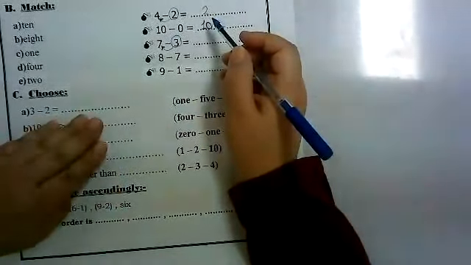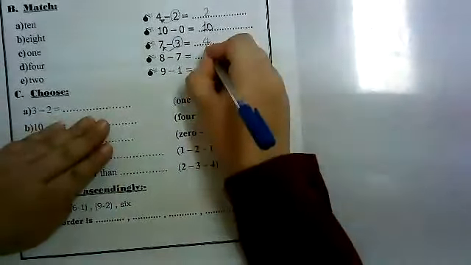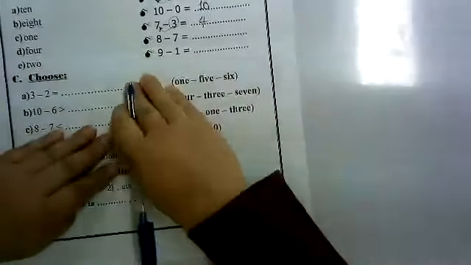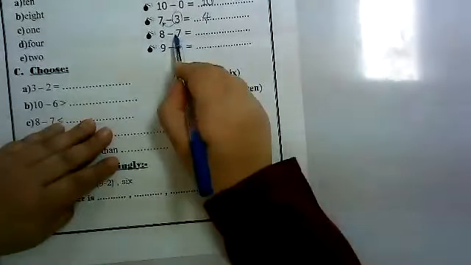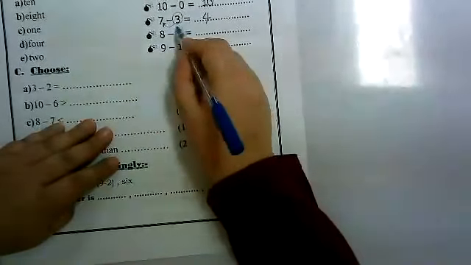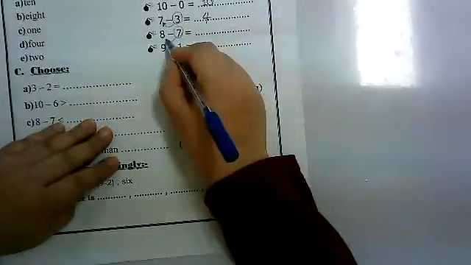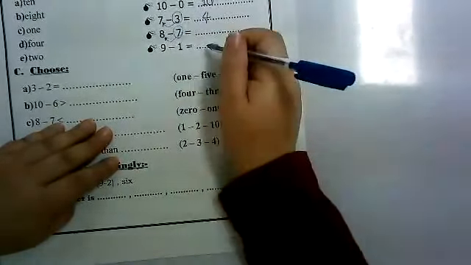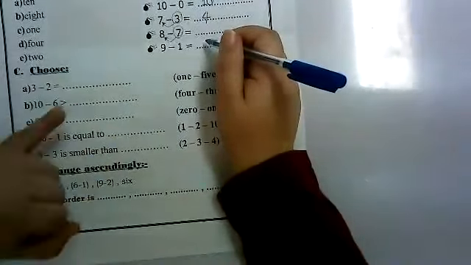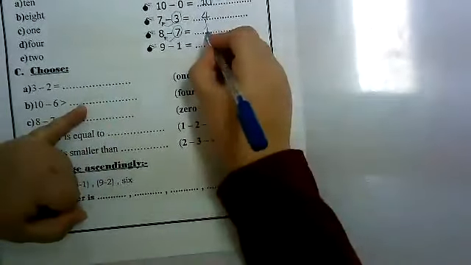You have to stop at 7, so it's 4. 8 minus 7. 7 is the smaller. Draw an arrow from 7 to 8. Count after 7 until you reach 8. After 7, 8. So it's only 1.